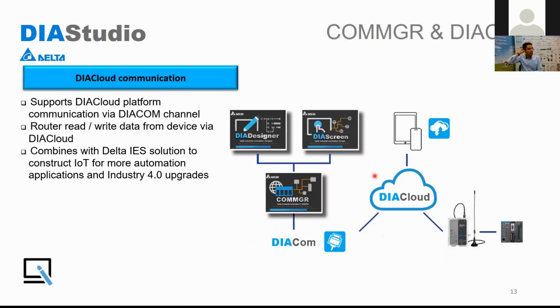If you are not aware, we have an industrial IoT router, which allows us to manage devices remotely. So we have DIACom on our PC, and this DIACom opens a VPN port tunnel via DIACloud to the device. So from the software we can remotely connect, upload, download, etc.